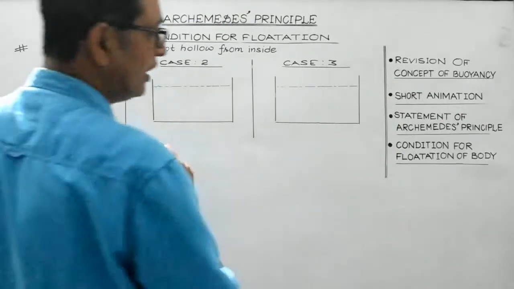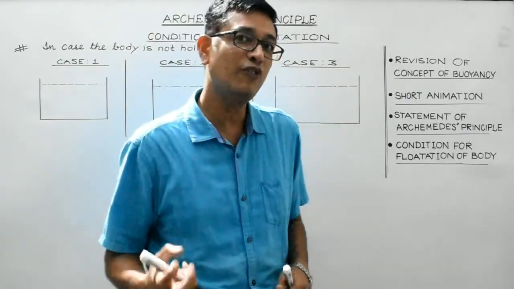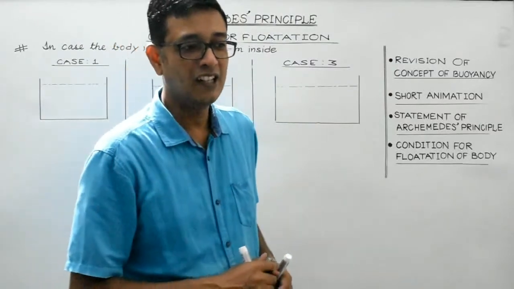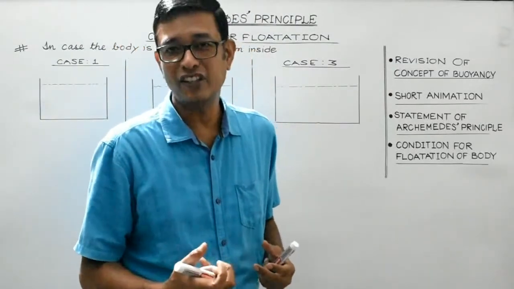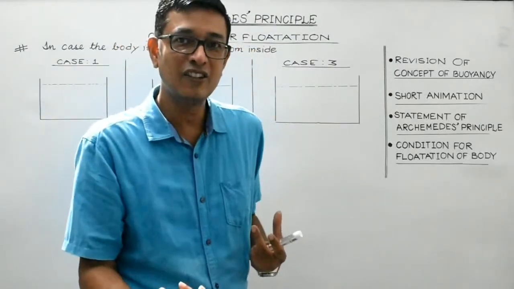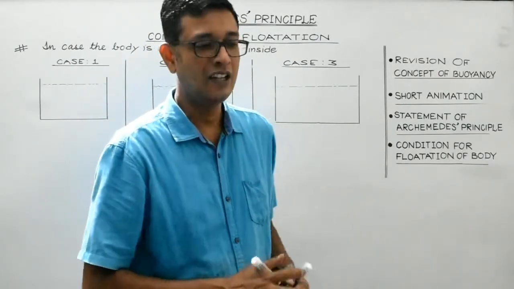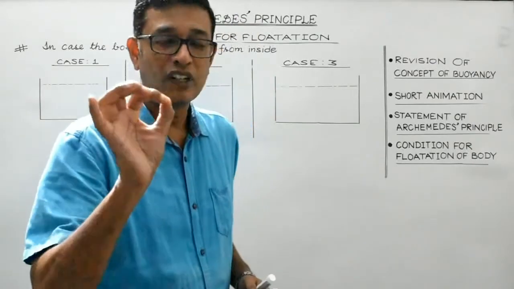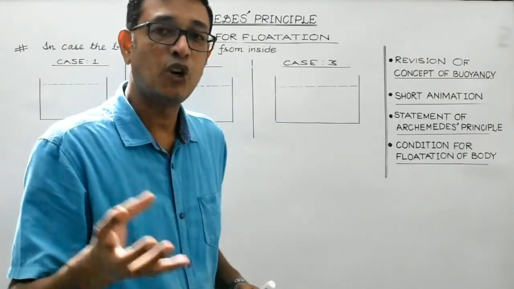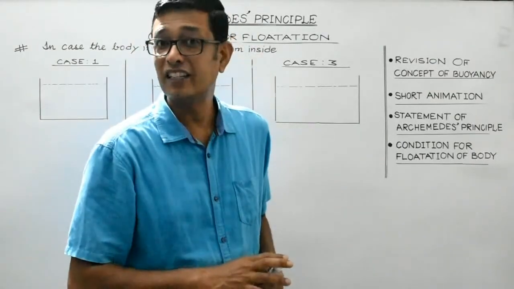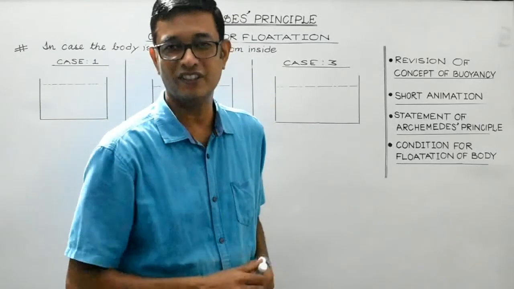So students, now let's discuss the condition for flotation of a body. That is, we'll try to find out the conditions under which a body can sink or may float on the surface of a liquid, right? For that, you need to understand that whenever a body is immersed in a fluid, it is under the action of two forces.